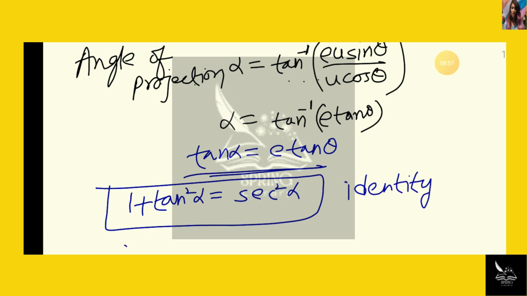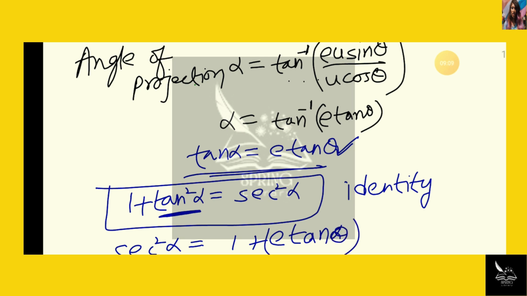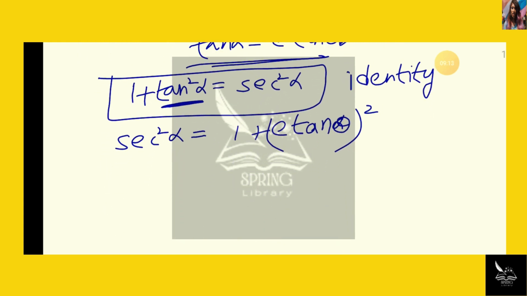So sec square alpha will be written as 1 plus tan square alpha, and by using this, put the value here, that is 1 plus (e tan theta) square, or I can say sec square alpha is equal to 1 plus e square tan square theta.